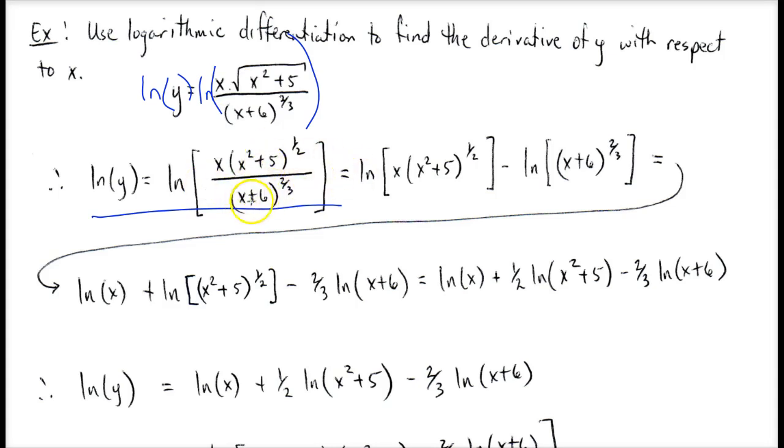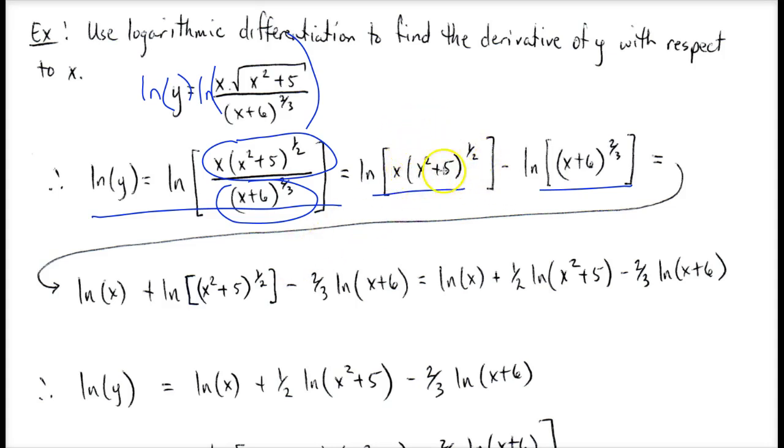And then of course, using our logarithmic properties, we know that anytime we have a quotient inside the logarithm, we can rewrite that as, in this case, natural log of the numerator minus natural log of the denominator. So that's what you see here.